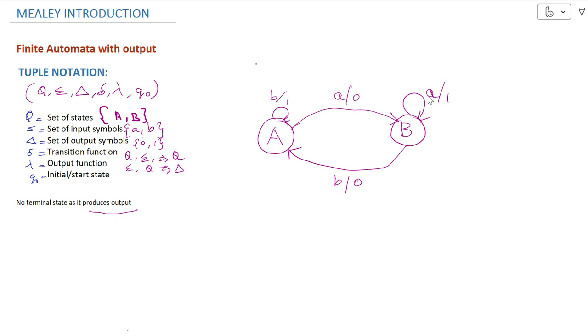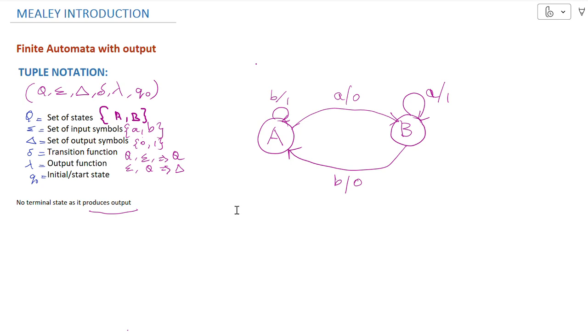B on receiving an input a produces the output 1. So this is a Mealy machine. Here the output depends on both the state and the input symbol.